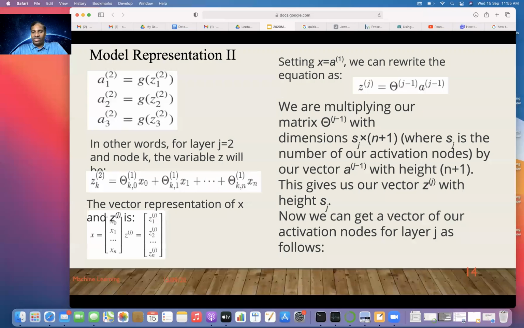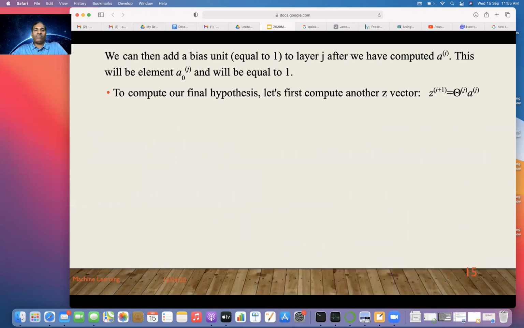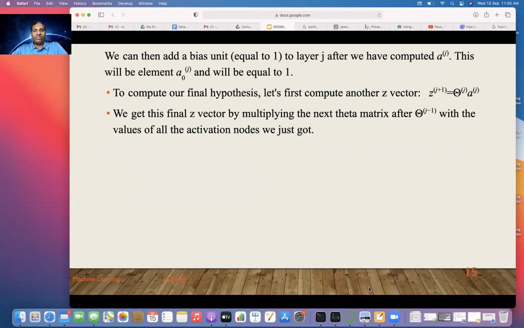Now we can get a vector of our activation nodes for layer j as follows: aj equal to g of zj, where our function g can be applied element-wise to our vector zj. So when you write it as a matrix, you need to apply the function g on the matrix. For each element, you need to compute the sigmoid value of the existing value.